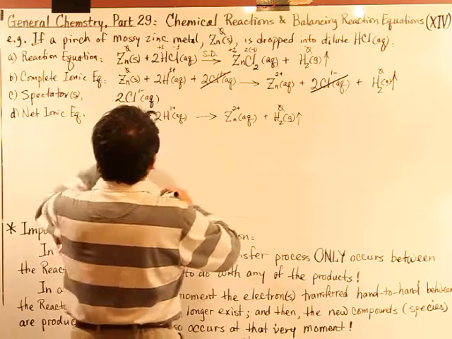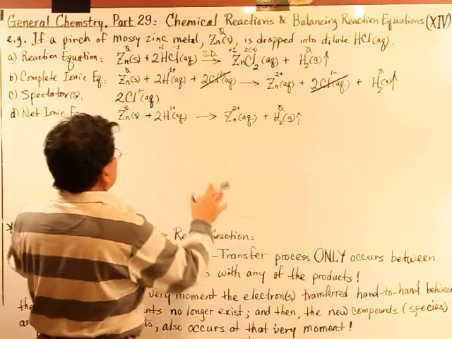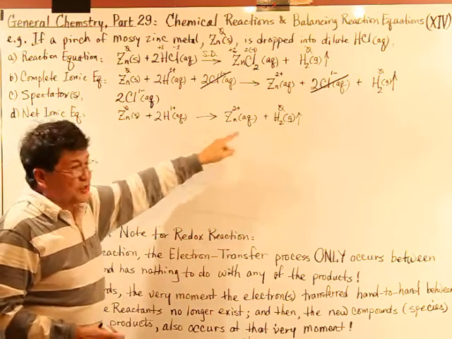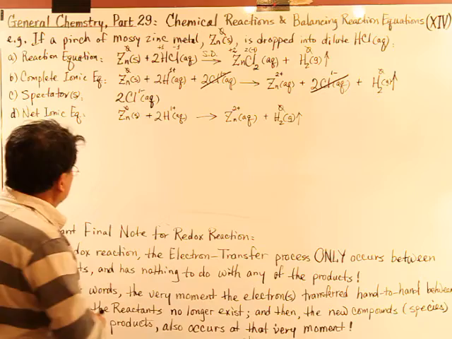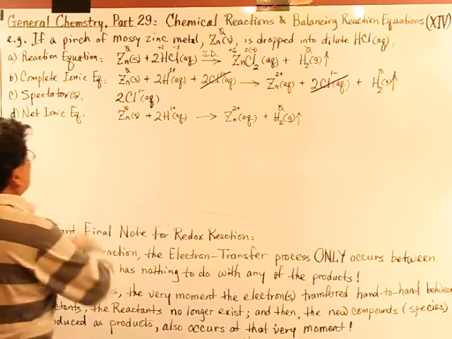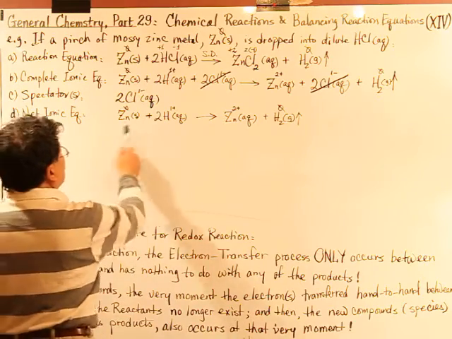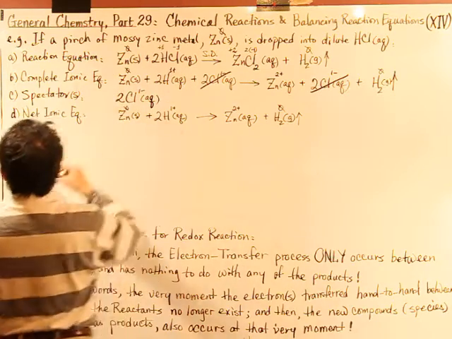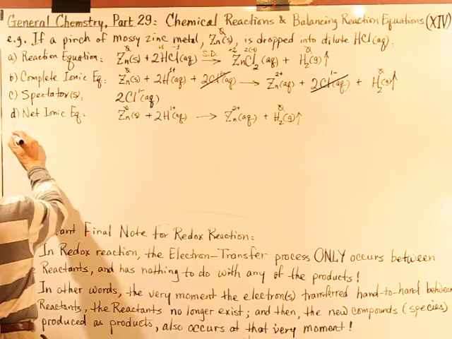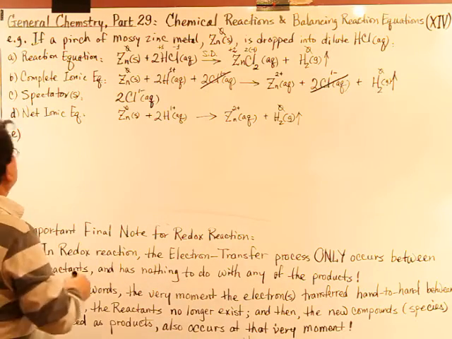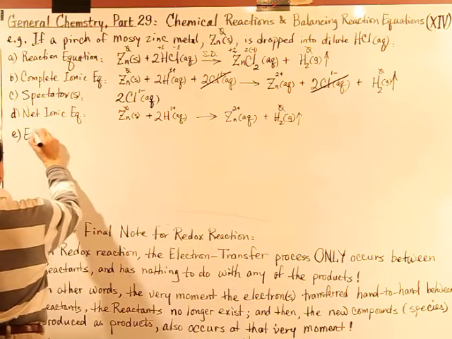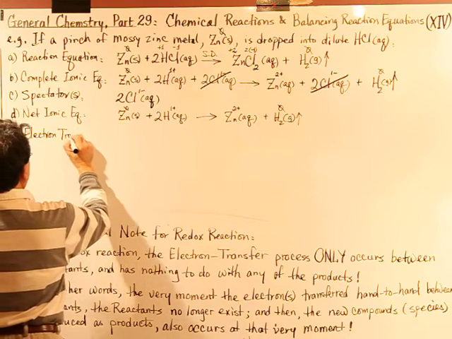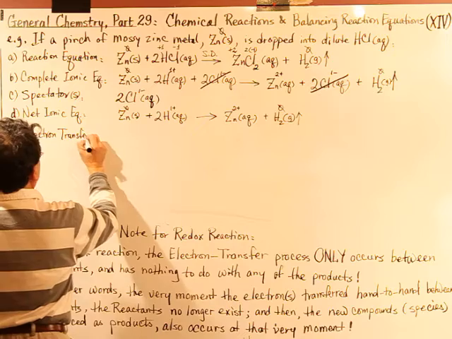All right. Now this one is the net ionic equation, but what happened to their oxidation states being altered? Because of electron transfer. Electron transfer happens between what? Between the reactants, right? So they start from here, so the next subject is going to be the electron transfer process.